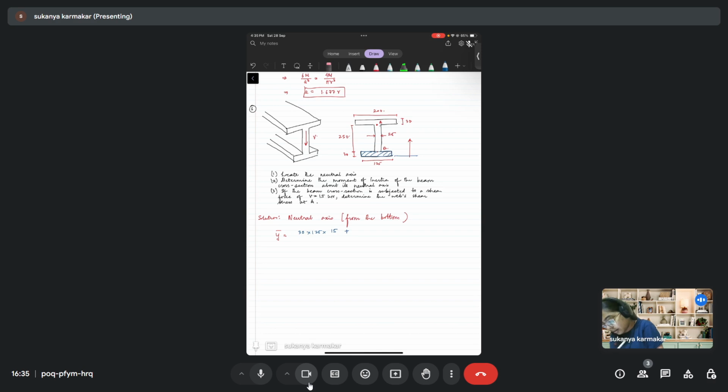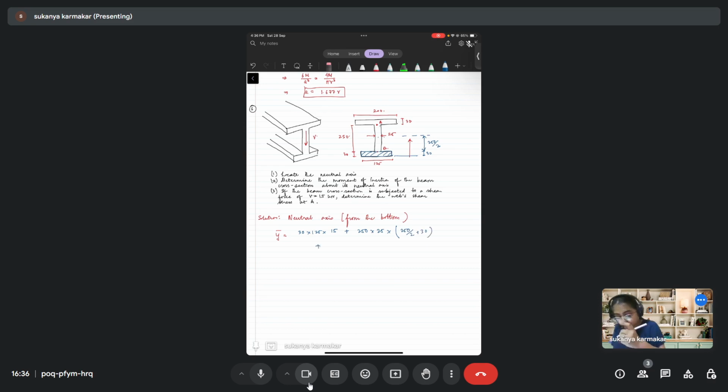So area is 250 into 25 into its centroid is at a distance of 30 mm because of that flange. So this is 30 plus this much, which is 250 by 2. So 250 by 2 plus 30.